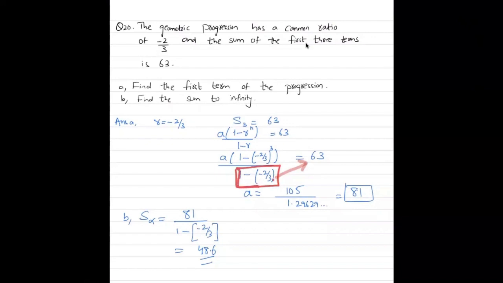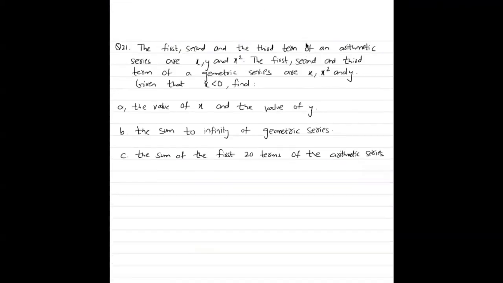First of all, you are going to calculate this using the calculator. It's going to be 1 plus 2/3. 1 plus 2/3 is going to be multiplied by 63. You get 105. Then you divide this value by 105, so you get 81. Okay, got it, sir.